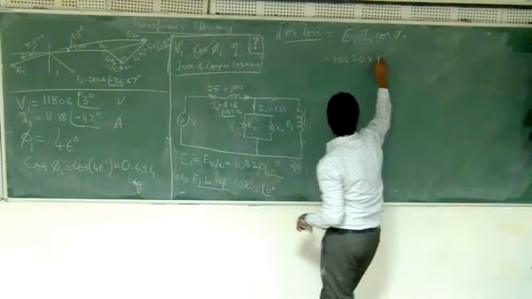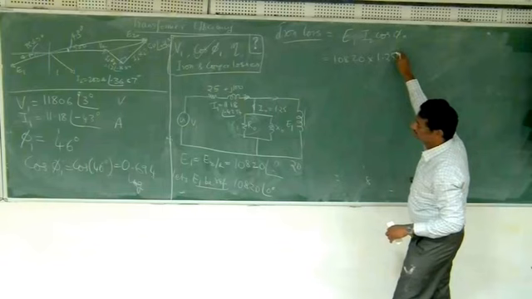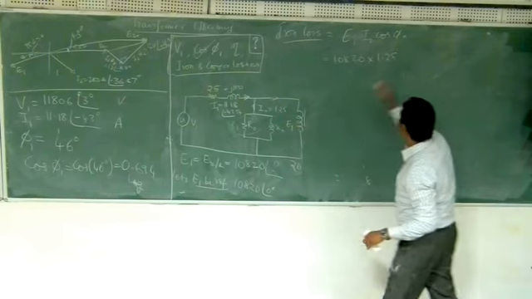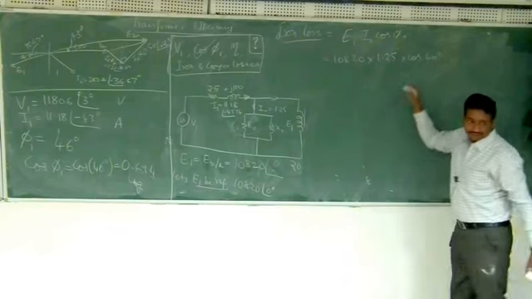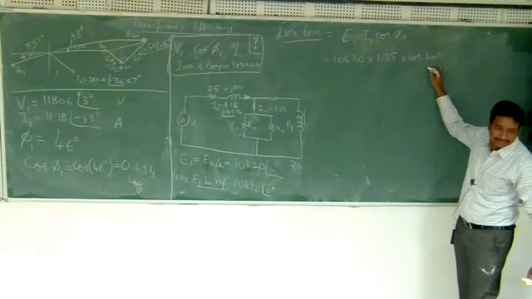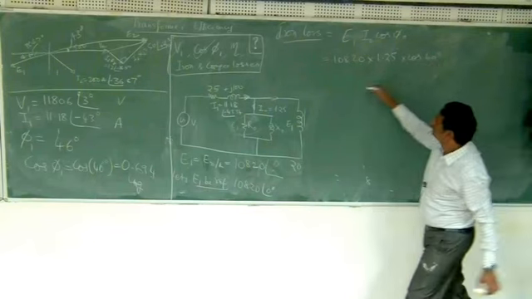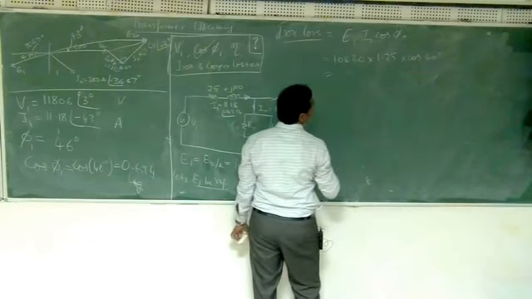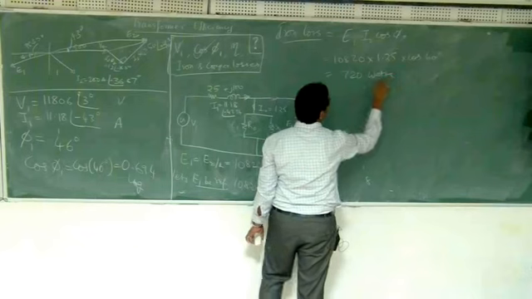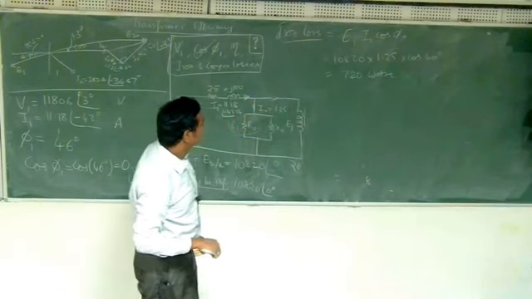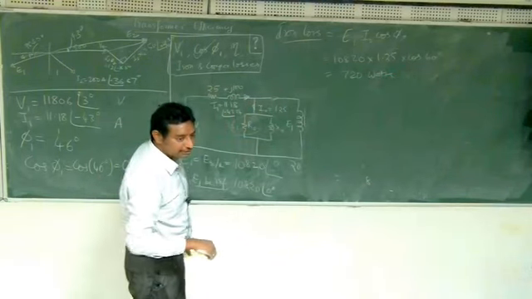So what is that? 10820 into I naught, which is 1.25 amperes, into cos of 60 degrees. Cos 60 is 0.5. So what is that then? 720 watts? Is that correct? Or should it be 7,200?